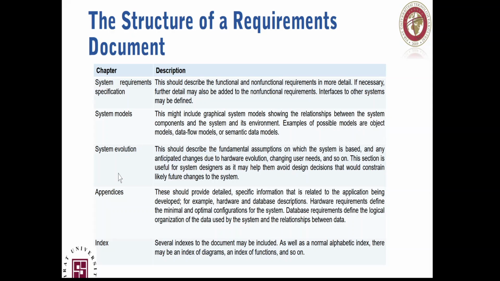System evolution. As we explained once in the first chapter, every software is expected to evolve. Why? Due to many reasons. One of them is that reality itself evolves. The hardware that we use usually evolves.